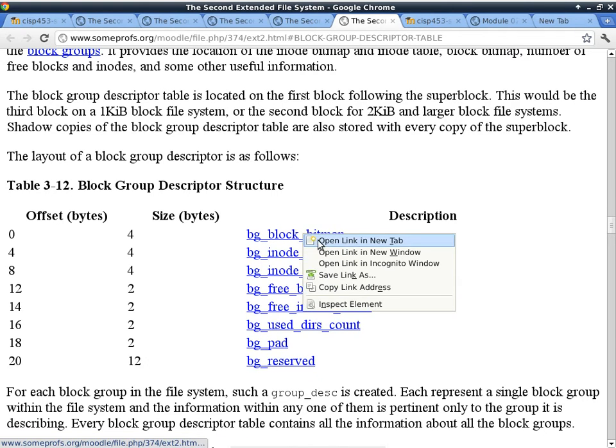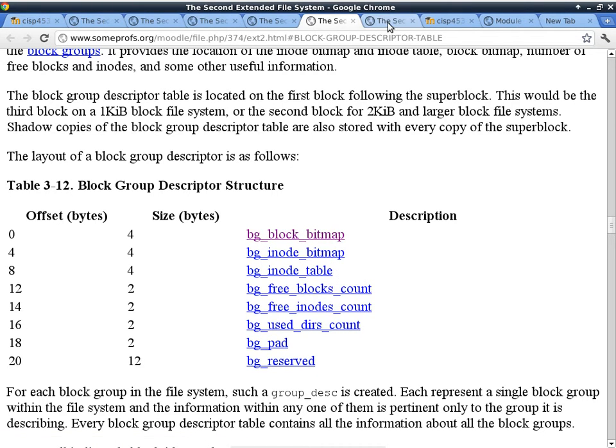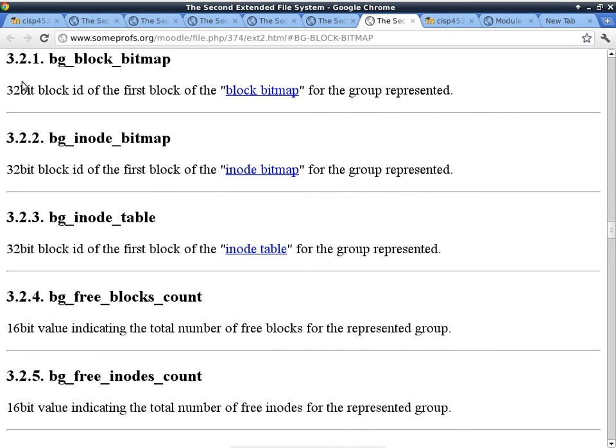Let's take a look at the first one, the block bitmap. It is a 32-bit block ID of the first block of the block bitmap of the group represented. That's basically an address to find the bitmap of this particular block group.